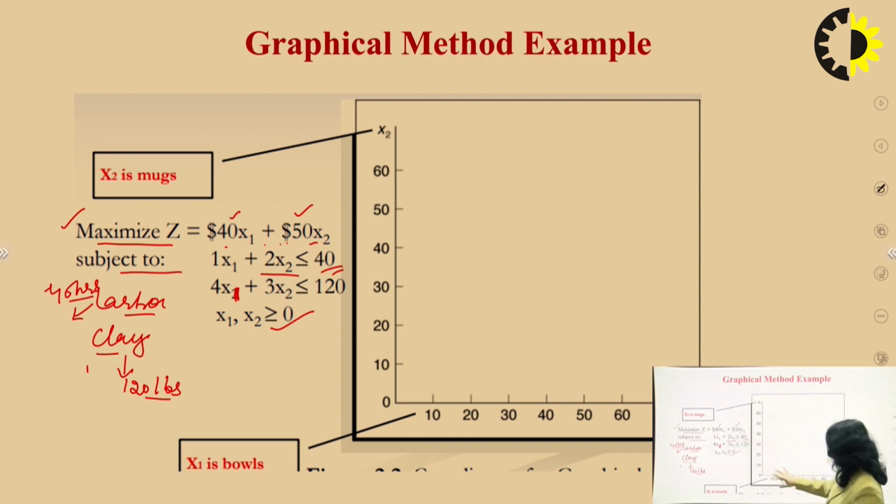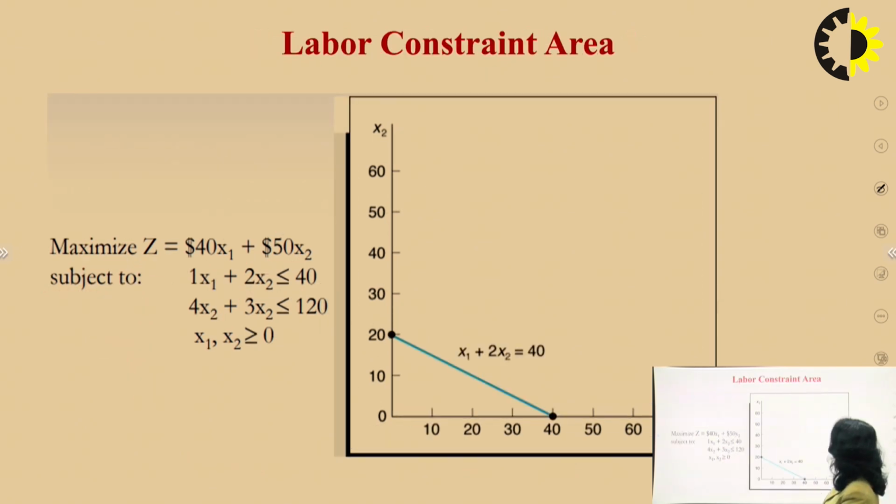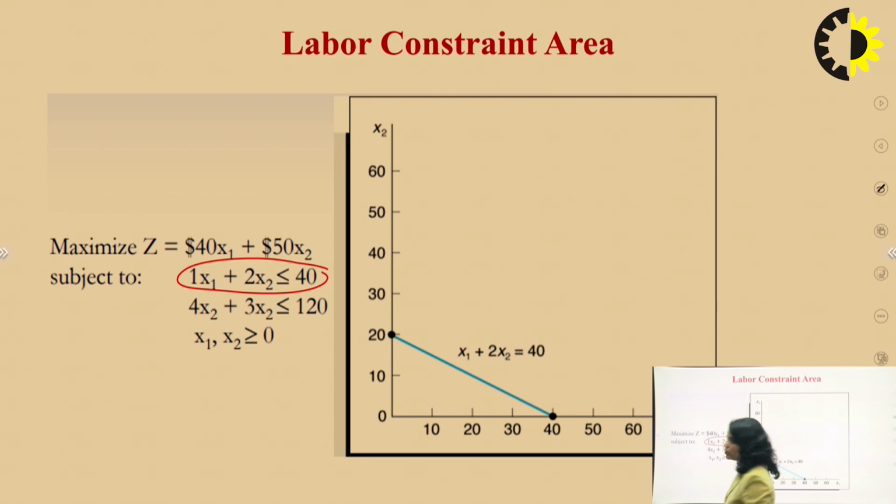So we will plot a graph. The x-axis, or horizontal line, is showing x1. X1 was the number of balls, and x2 is the vertical line on the y-axis, that is the number of mugs. Our first step during the graphical method was to convert the inequalities into equations.